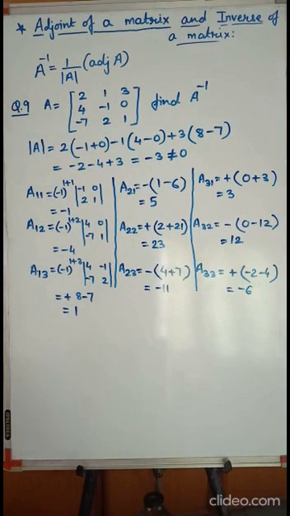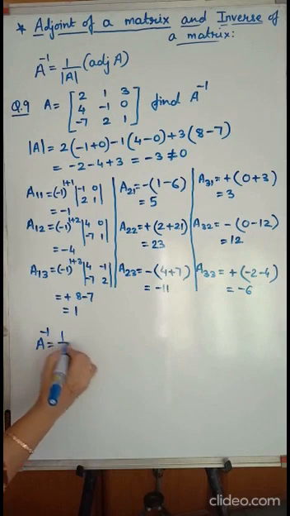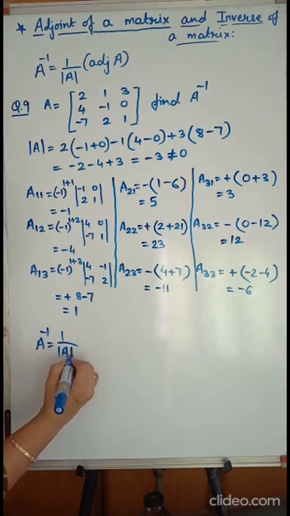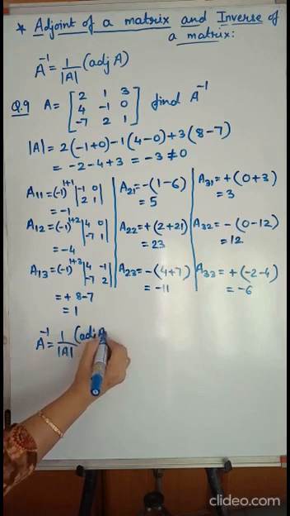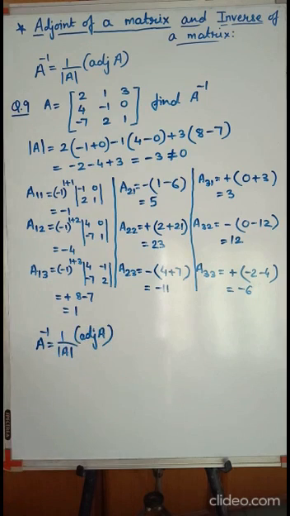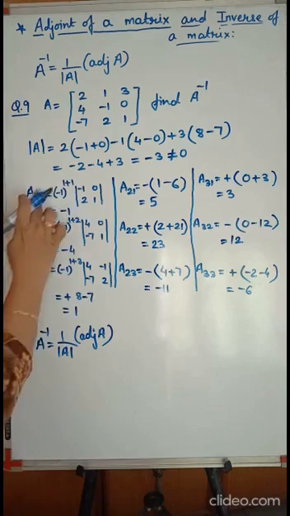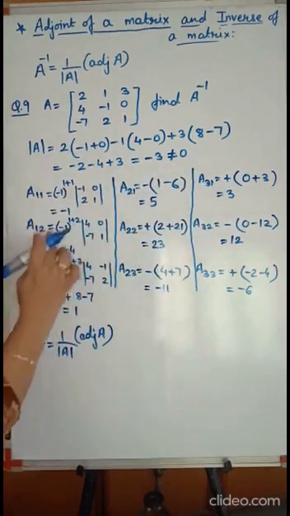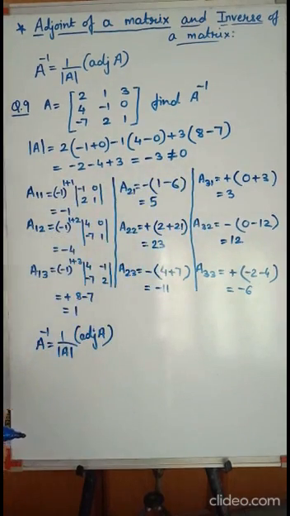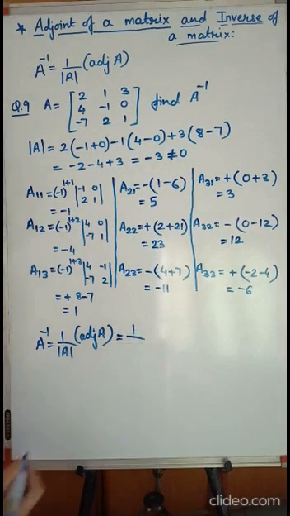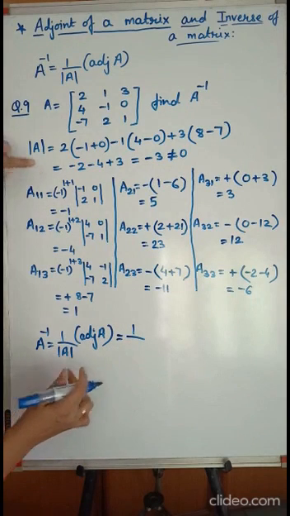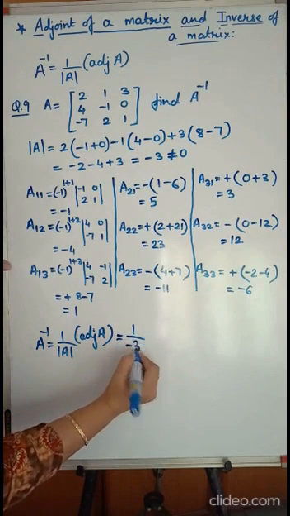Now see here you are getting all the values. Now what is A inverse? It is 1 by determinant A into adjoint of A. In adjoint of A, you must have seen I have written A11, A12, A13, A21. Here I have written this way. So directly I can write it without doing the transpose. What is determinant A? It is minus 3.